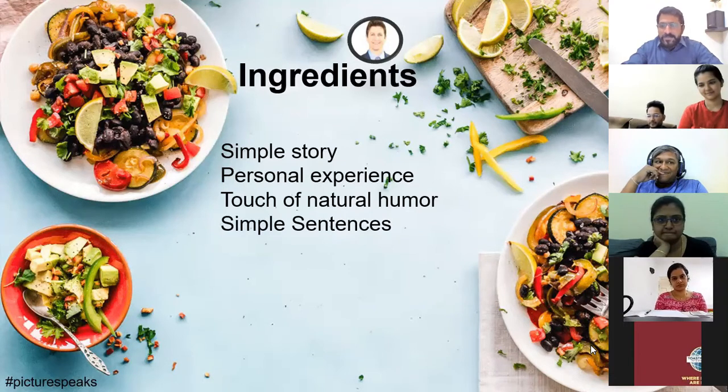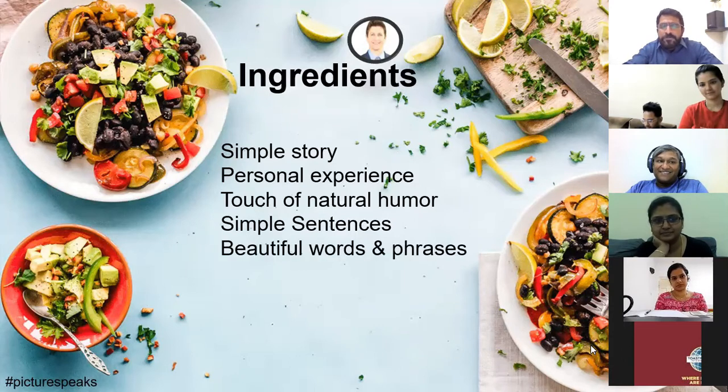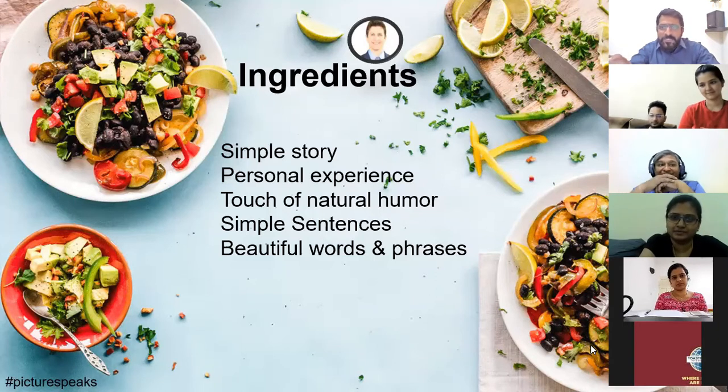Toastmaster Kamal, you were telling about language. So he had his own limitations and he did not hide them. Beautiful words and phrases. Though he spoke simple sentences, simple phrases, the moment he stopped and asked, is there anything that has collapsed in your life? That made all the difference in the speech.